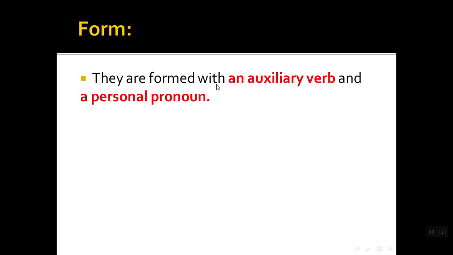Form, how to form them, how to make a question tag. They are formed with an auxiliary verb and a personal pronoun. Let's see what are auxiliary verbs.